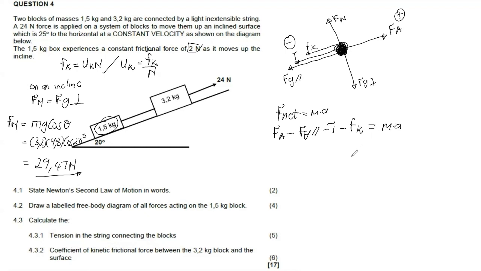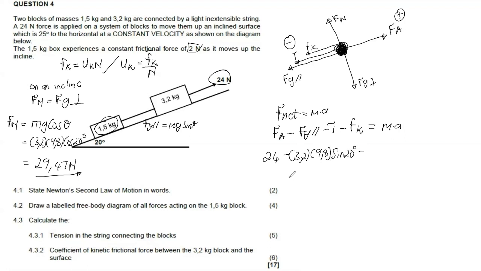Remember, this is still moving at a constant velocity. It is also applicable to the 3.2 kg because it is the whole system that is moving at constant velocity. Then our force applied is 24 newtons. So let's substitute there. Our Fg parallel, we still remember, breaks down as mg sine theta. So this is supposed to be 3.2 multiplied by 9.8 and then sine 20 degrees.